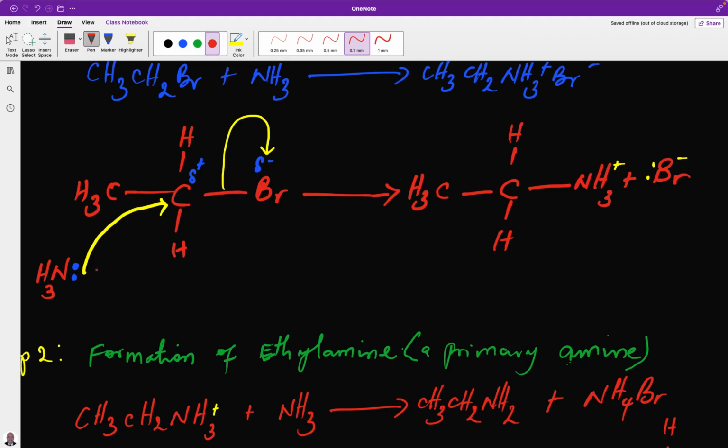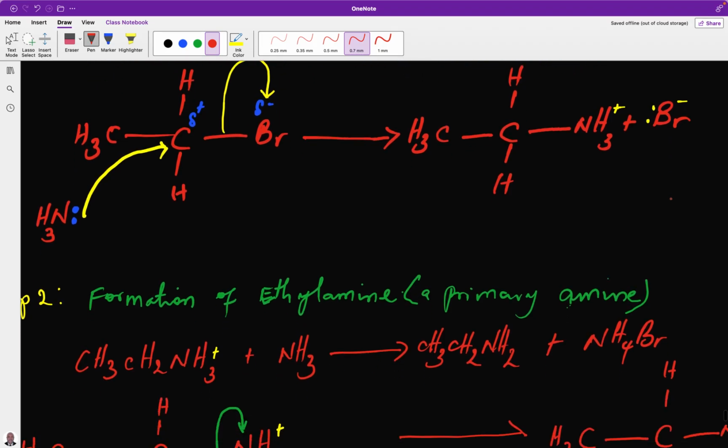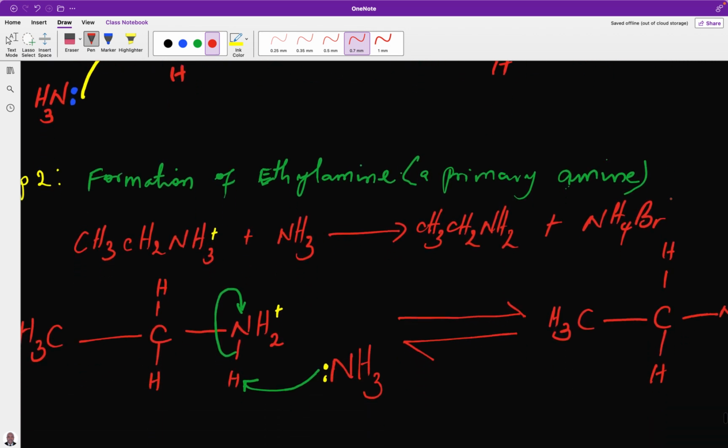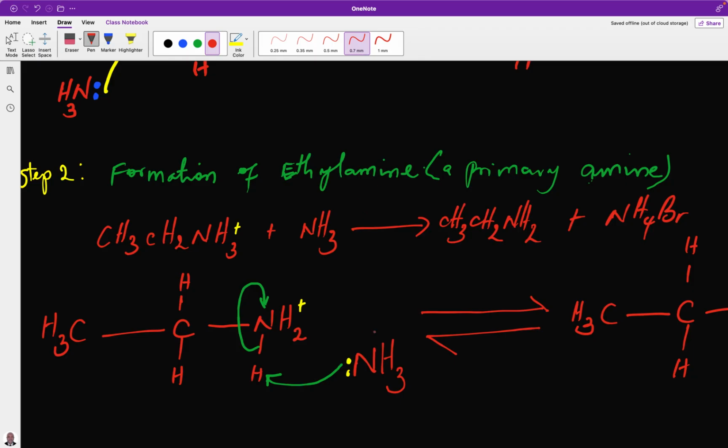And now the ammonia attaches itself here, and this is it with a positive charge. The bromide ion is still there. Ammonia is in excess, so ammonia keeps on attacking the positive center that was formed. As it attacks, electrons in one of the hydrogens are repelled towards the nitrogen. This results in heterolytic fission.